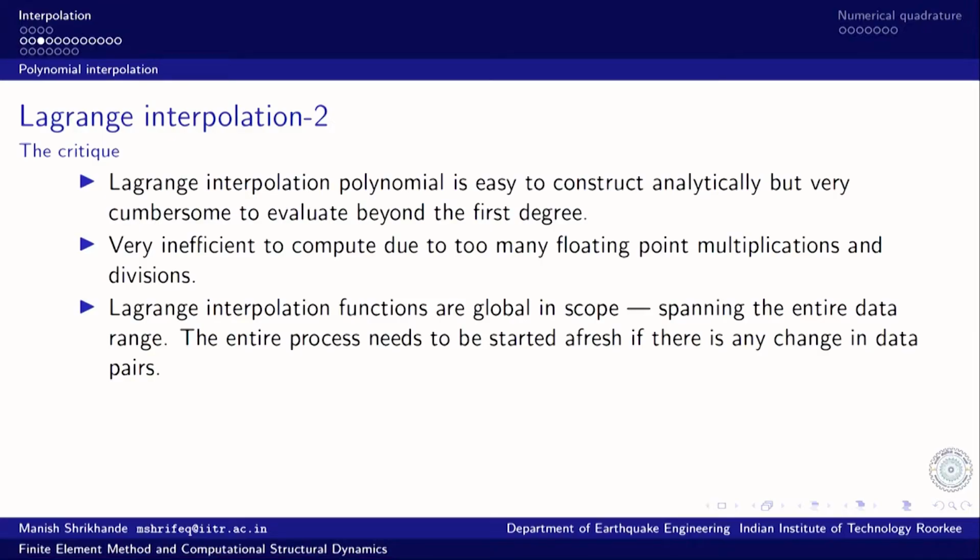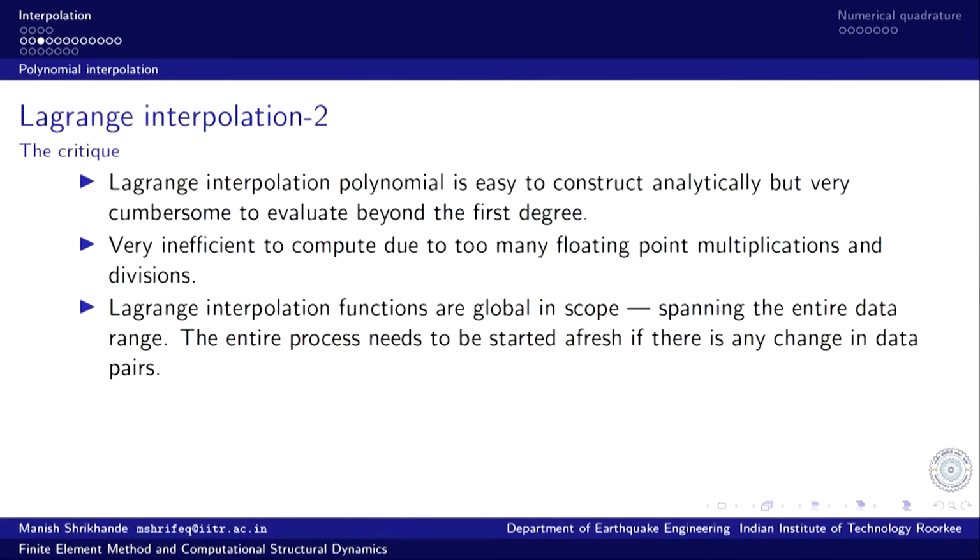Another problem with Lagrange interpolation is that it is global in scope. We just develop the entire approximation over the entire range, and if something goes wrong, or if there is any change in data, or if we change a node a little bit here and there somewhere in between, then the entire exercise has to be started afresh. There is no way we can make use of already computed results.